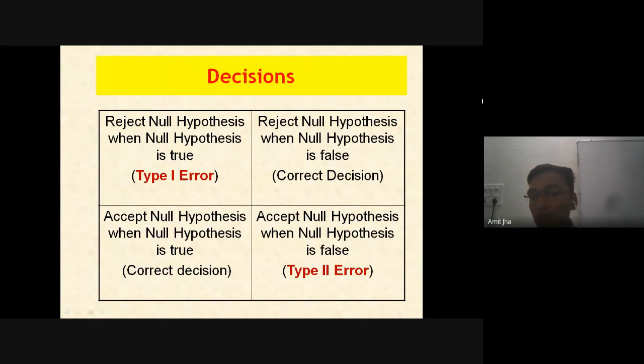The type 2 error is when the null hypothesis is false, meaning there was a difference, but we have accepted the null hypothesis. This is called type 2 error. We should keep in mind that the type 2 error is more dangerous.